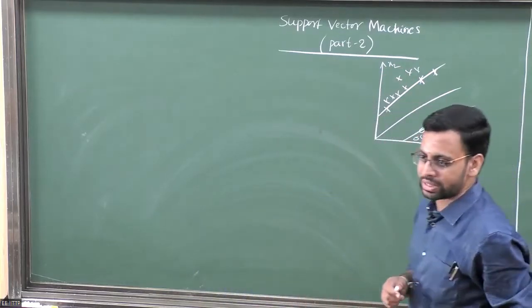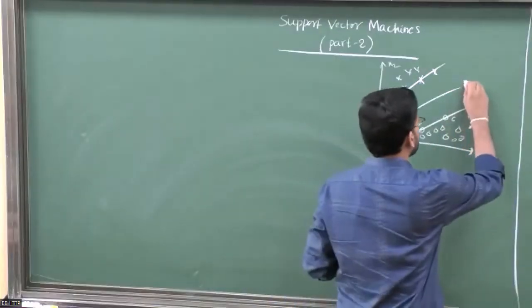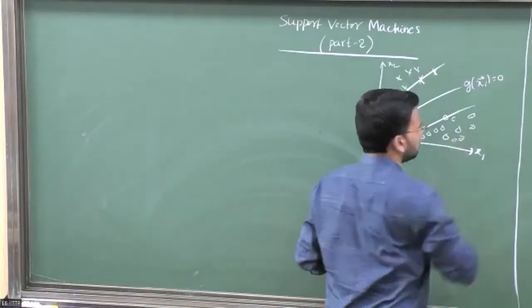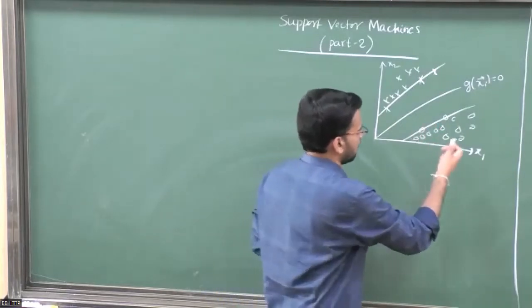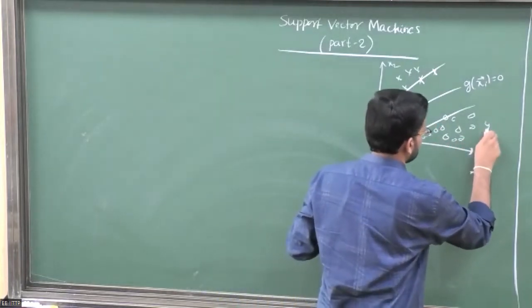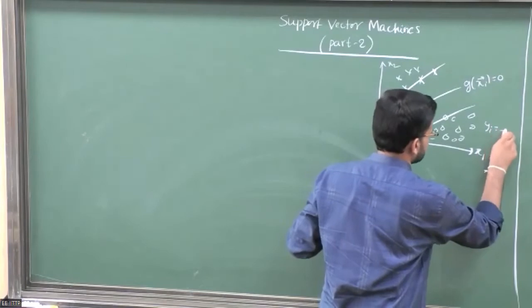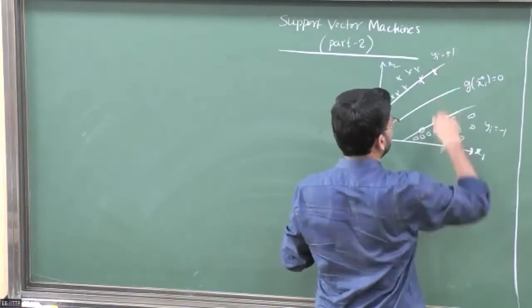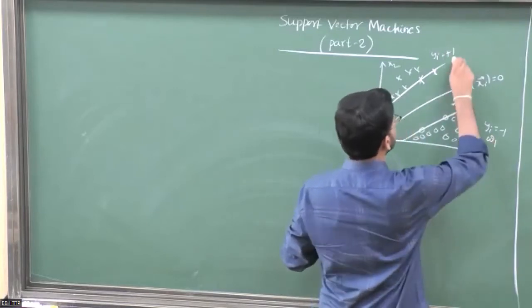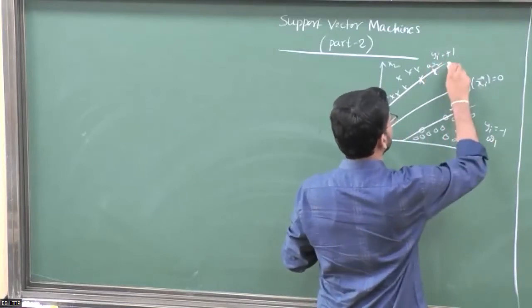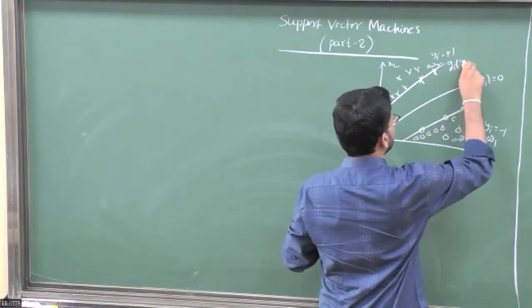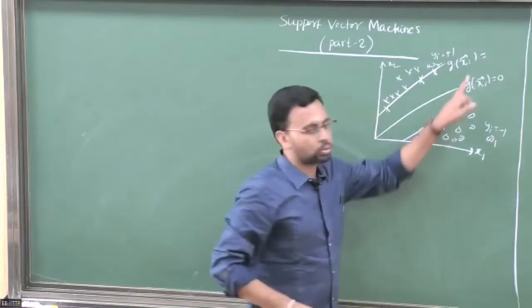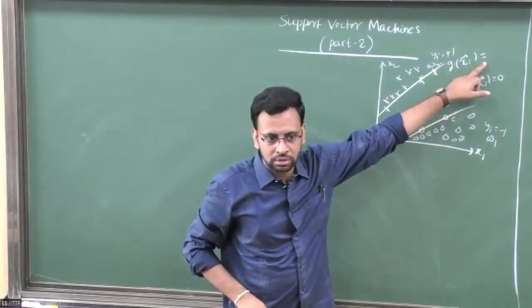And towards that, we made this, for example, g of xi bar is equal to 0. Assume that you have here, let's say, your yi is -1 for here, and this yi is +1 here. Assume that this is your omega1 samples and omega2 samples. So g of xi bar is made to what value here? +1.